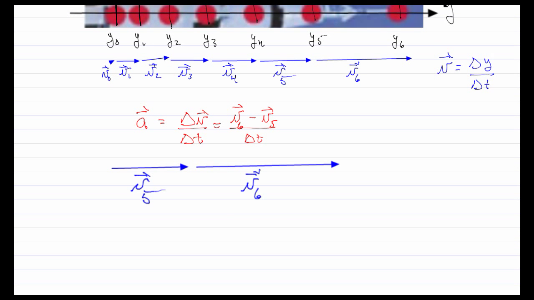Alright, now when we subtract two vectors, we can take the second vector, v5. I just want to take the arrow, so let's copy that. And what we'll do is we'll rotate it.